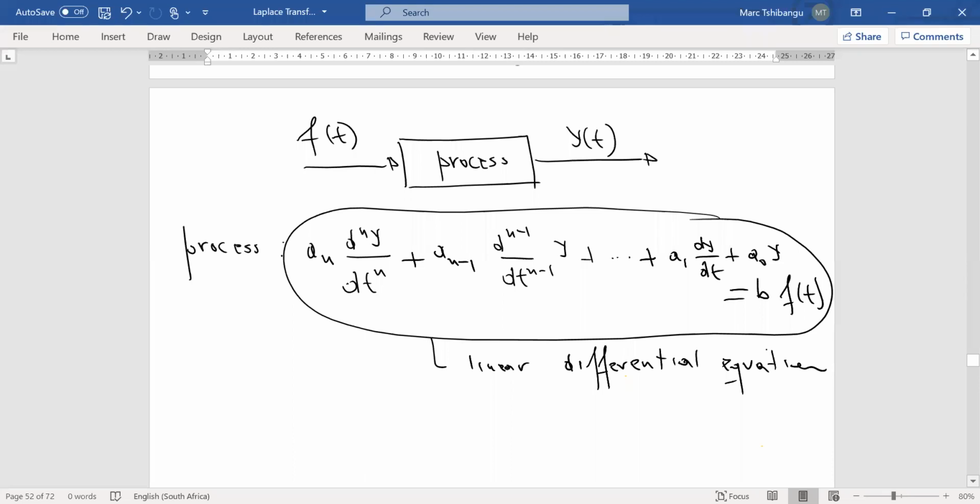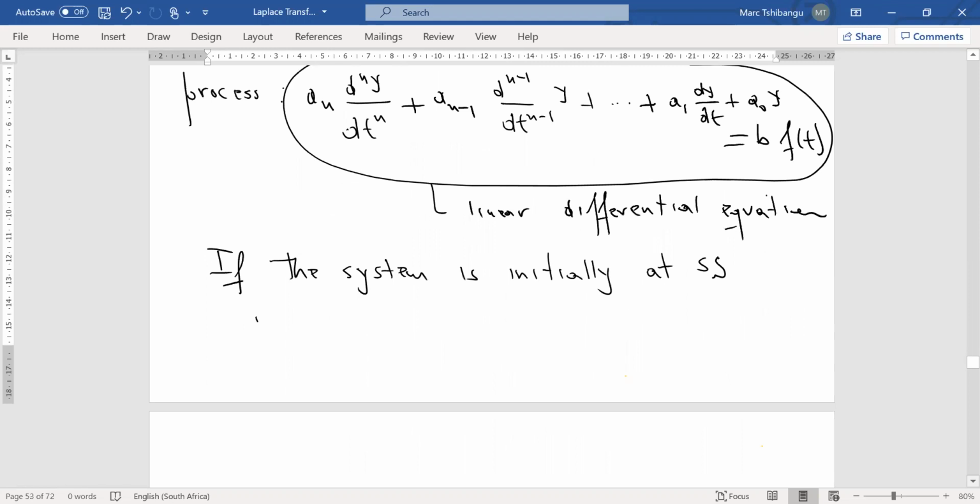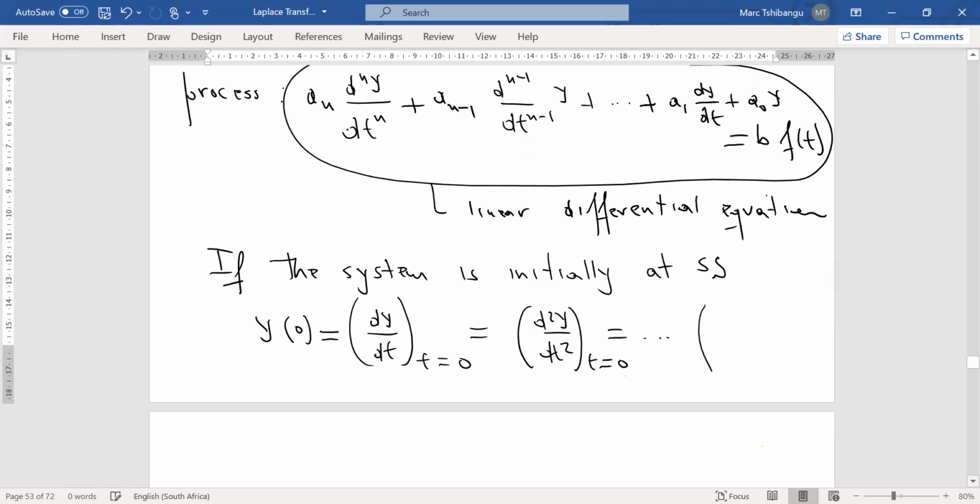If the system is initially at steady state, we can state that y of 0 equals dy/dt at t equals 0, equals the second derivative of y with respect to t at t equals 0, up to the (n minus 1)th derivative at t equals 0, and that is equal to 0.